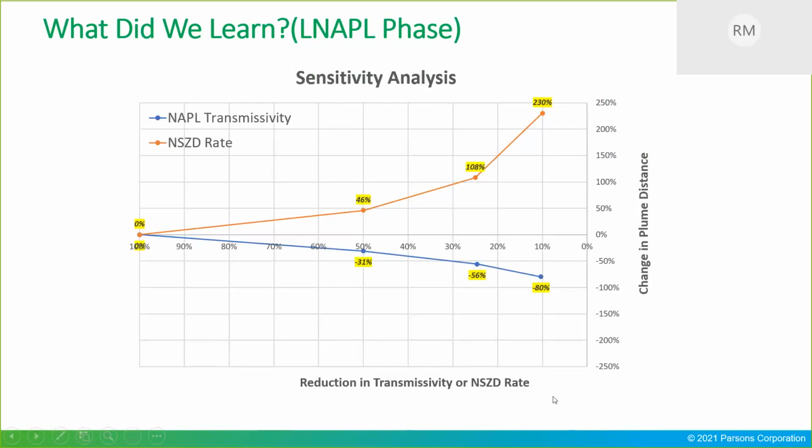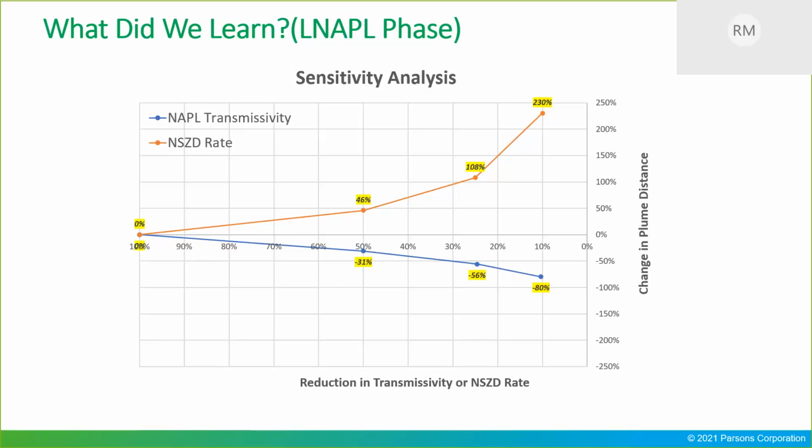On the x-axis, you're looking at the percent reduction in transmissivity or NSCD rate, meaning that if I decreased or increased my transmissivity or NSCD rate by a certain factor, what does it do to the plume distance? It's kind of opposite, right? Because if your transmissivity increases, it's in the numerator, so obviously your risk is higher, because your plume is going to get to the receptor much faster. If your NSCD rate increases, it's the opposite effect, because you're depleting the plume for a certain migration rate, for a certain flux. So obviously its effect is going to be different.